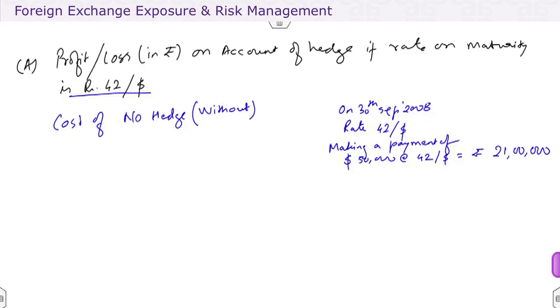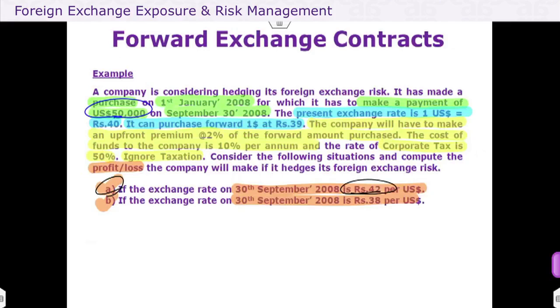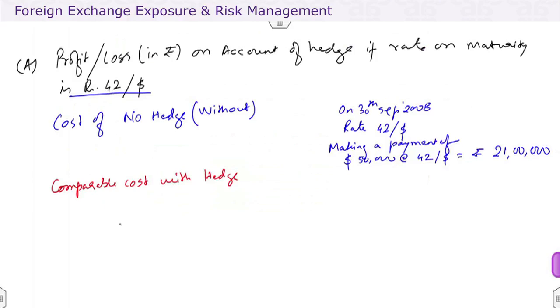Now if you consider hedging, the comparable cost with hedge, that means you are considering hedging. So what is the requirement? If you are hedging, then you have to pay a premium at 2%. Let me note them in points.